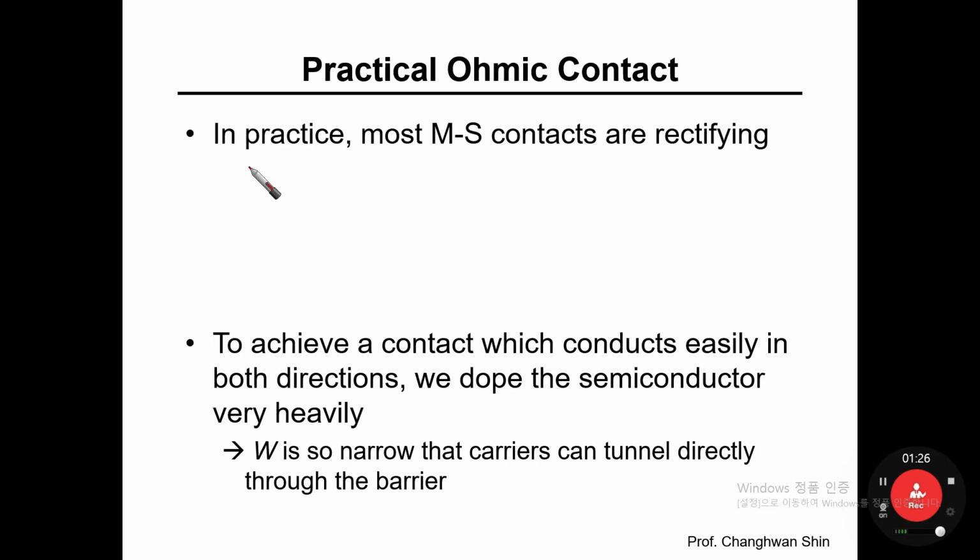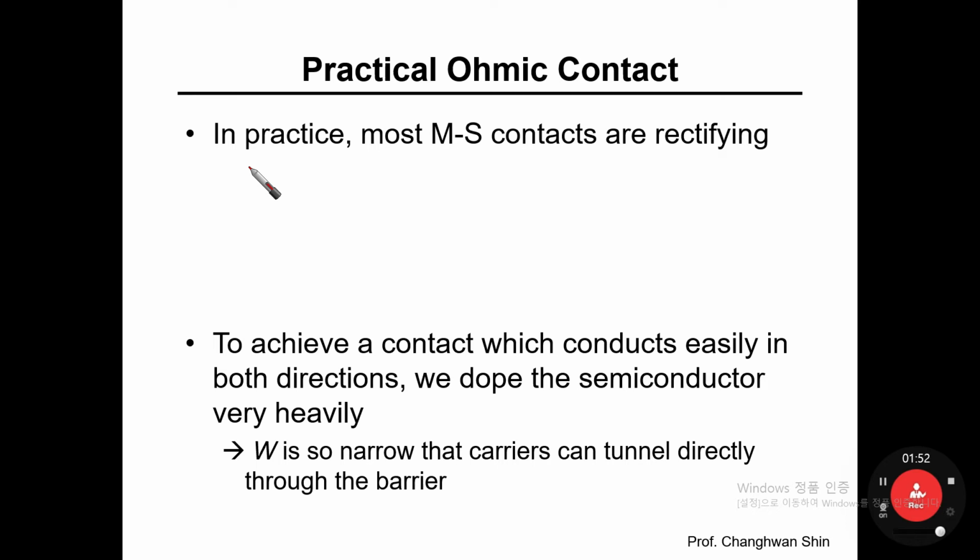So what is the cost-effective solution to have the MS contact with an ohmic feature? On the bottom side, you can see the engineering solution. In order to achieve an MS contact which conducts easily in both directions, yes, the answer can be found there.